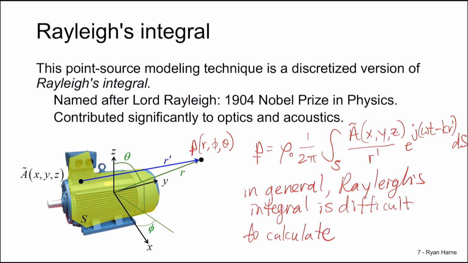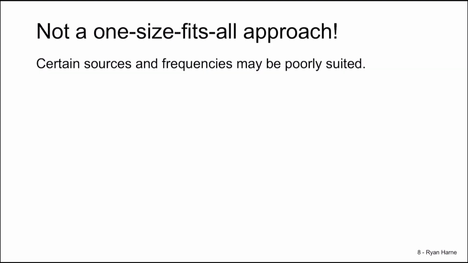For instance, radiation from a circular disk, from a square plate, a rectangular plate, a triangular plate, and so on. Only nominal geometric objects can really be evaluated in a simplified way by Rayleigh's integral. So in general, we discretize the problem and use our point sourcing method, which is an analog to the direct integrated approach. But this is not a one-size-fits-all modeling approach.